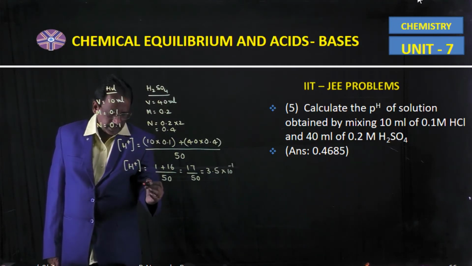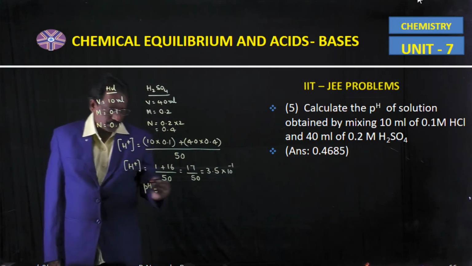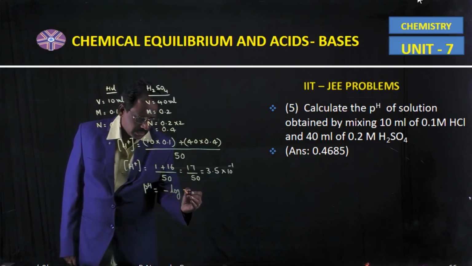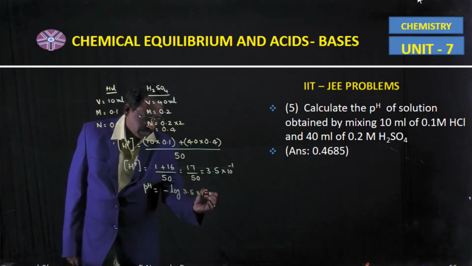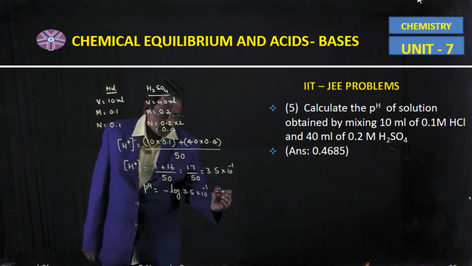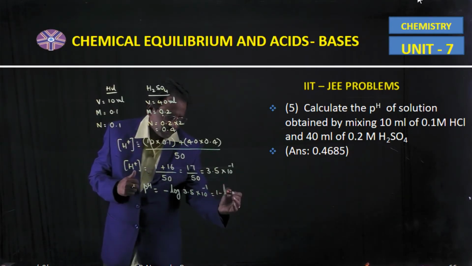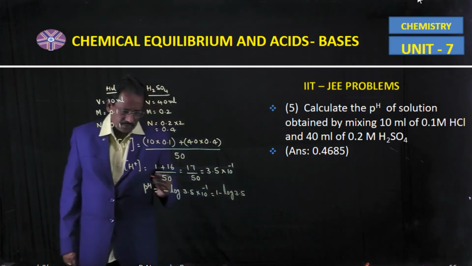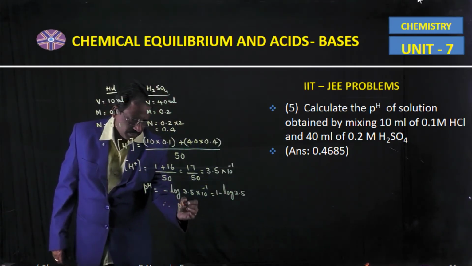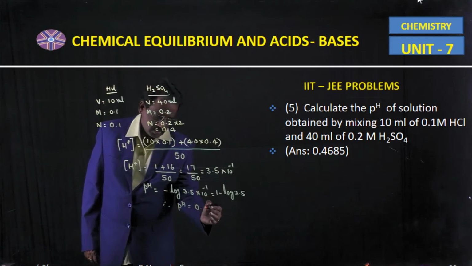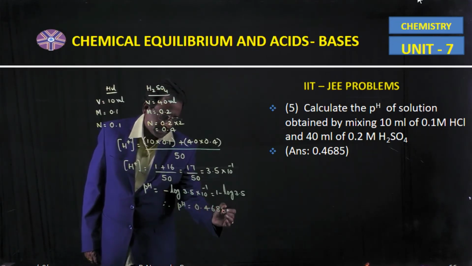Therefore, pH of this solution is equal to minus log 3.5 into 10 power minus 1. So this is equal to 1 minus log 3.5. So therefore, pH of this solution is equal to 0.4685.